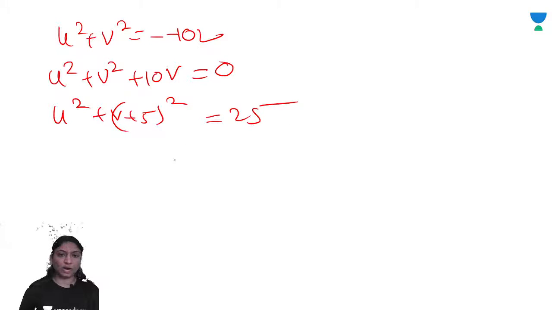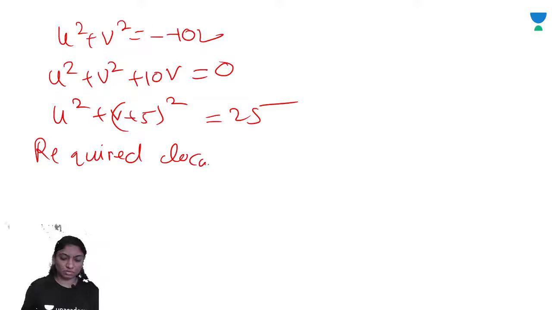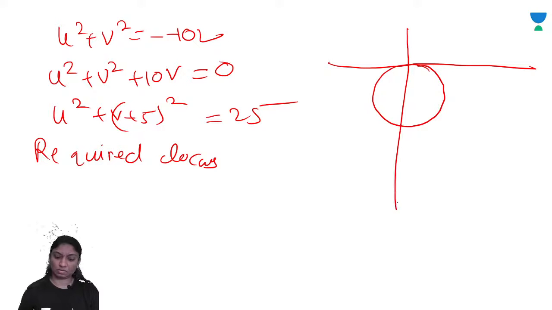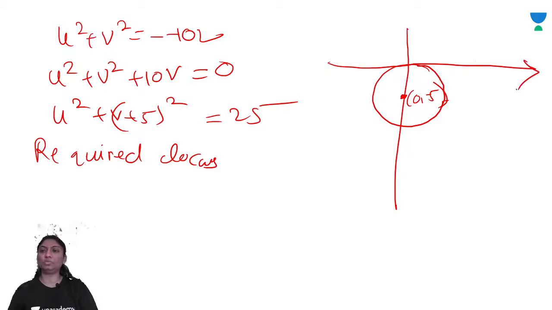Right. So required locus you will get, the center at 0 comma minus 5. Right. So this is your u, this is your iv.